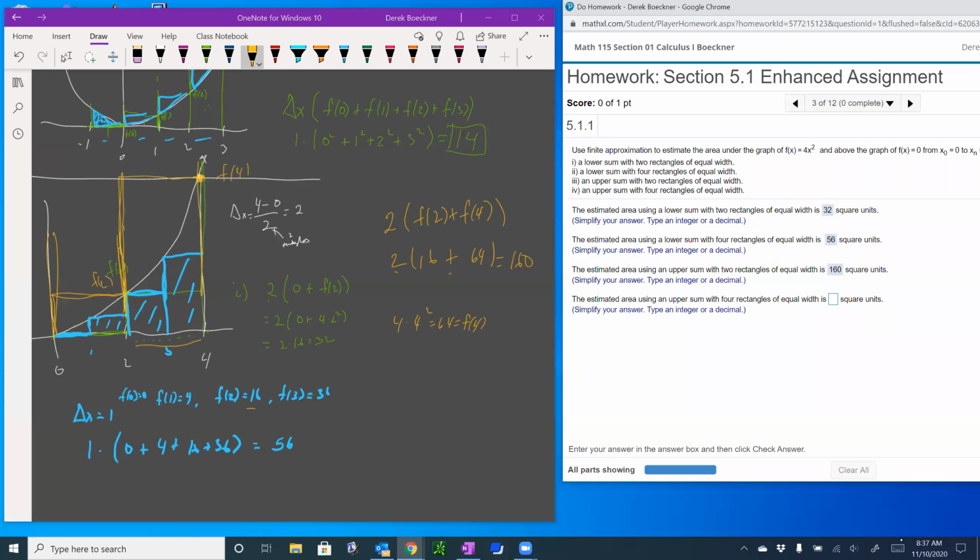If I use 4 rectangles, purple. The upper sum here, the upper endpoint here, the upper endpoint there.